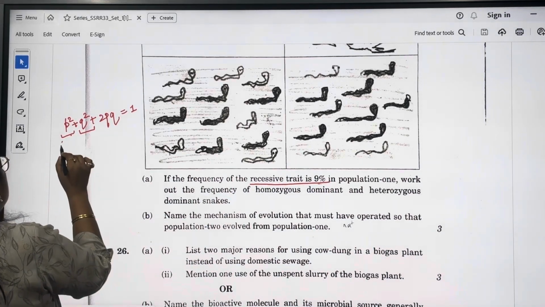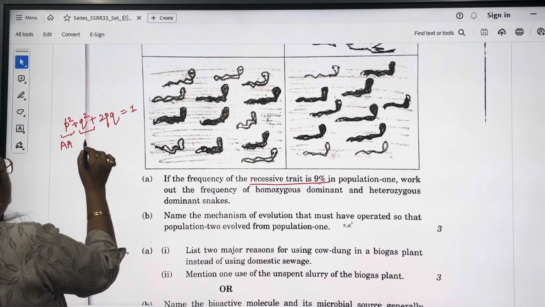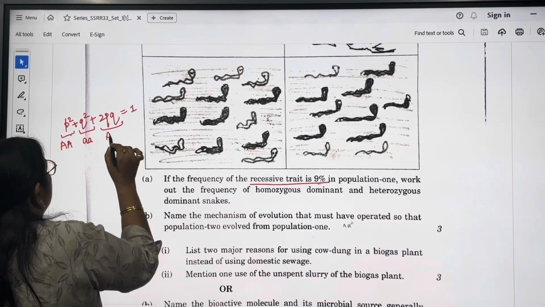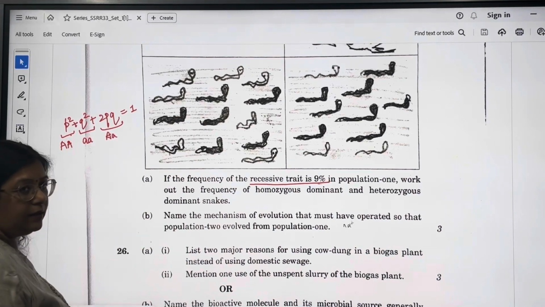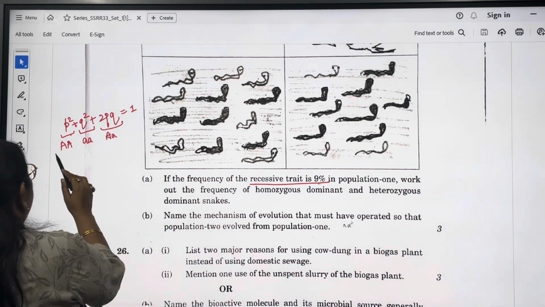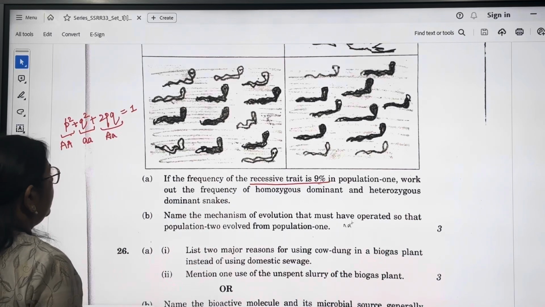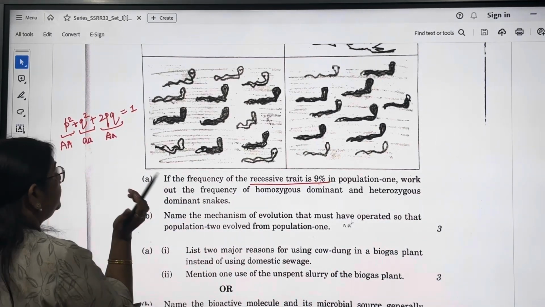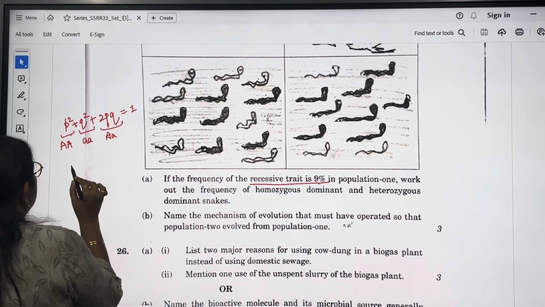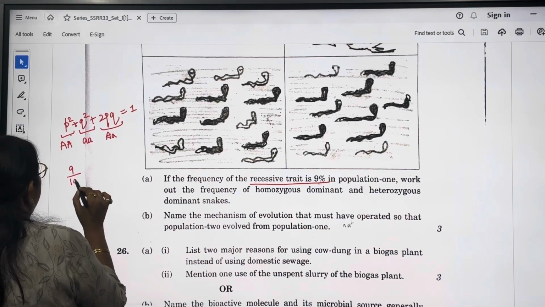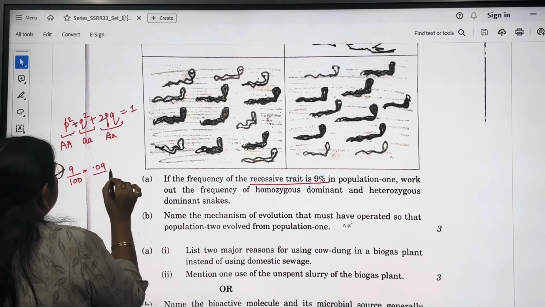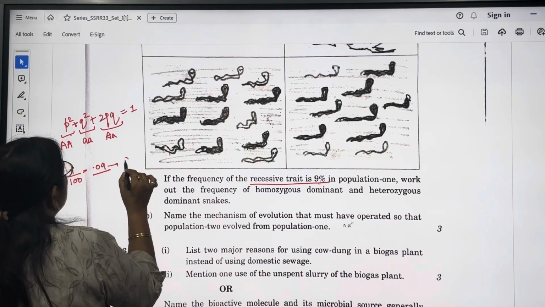This is the frequency of the recessive trait, and both of these are homozygous. Okay, you have studied here capital A, here small a, and this is for capital A, small a, because it is given here in the question. That is why I am writing capital A and small a. So recessive trait is 9%. 9% means its frequency is 9 upon 100, that is 0.09. 0.09 is q square.